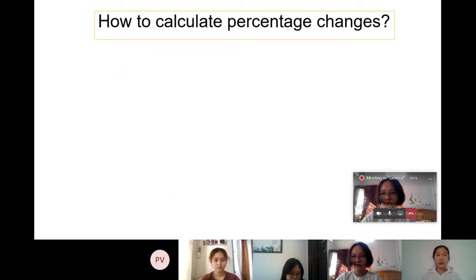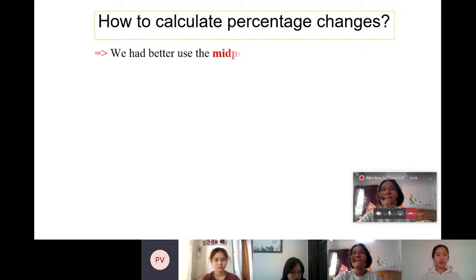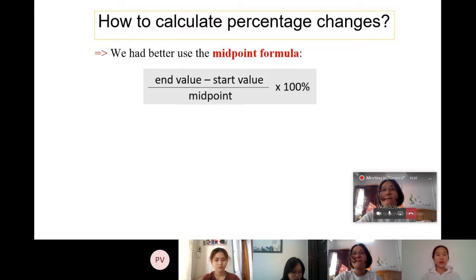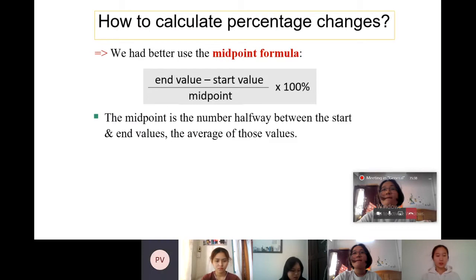So it's okay if you calculate the change between new and old value, but for elasticity, it's related to both price and quantity change, so it may give different results if you use the standard method. So I recommend you use the midpoint formula. You take the end value minus start value, then divide it by the midpoint, then times 100%.